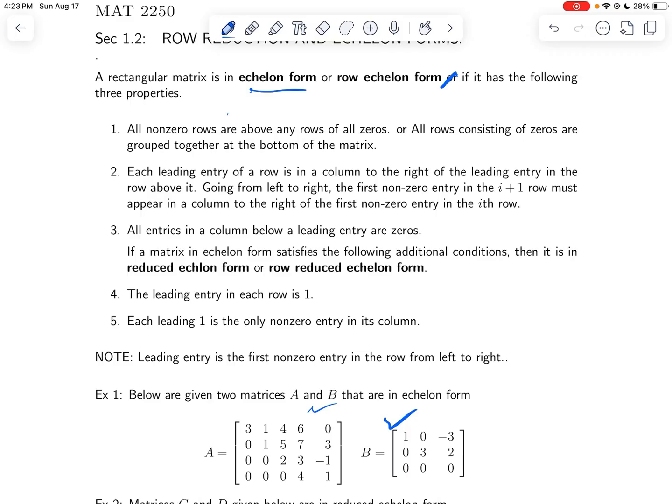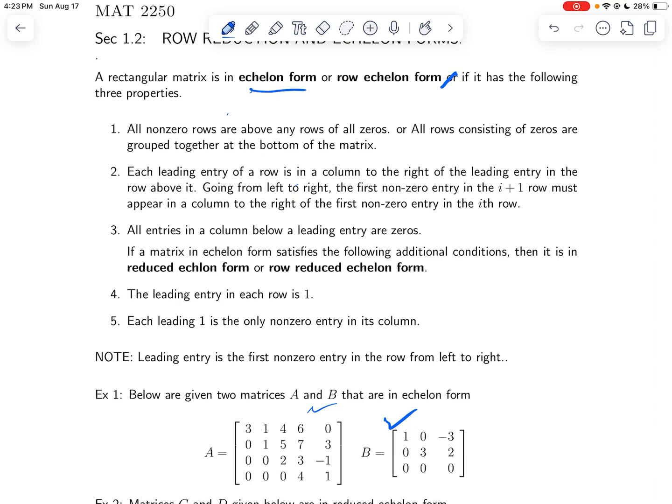Second is saying each leading entry. Now, what is a leading entry? Remember, it is the first non-zero entry in a row when we go from left to right. So the second condition is saying each leading entry of a row is in a column to the right of the leading entry in the row above it.